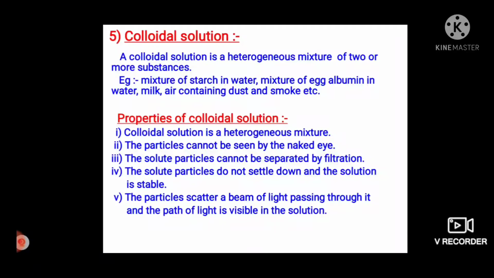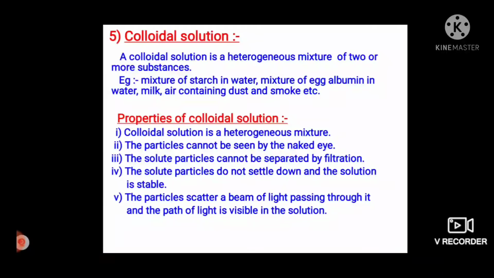We had seen that when milk is added to water, it forms a colloid. And what is a colloid? A colloid is a kind of solution in which the size of solute particles is intermediate between those in true solution and those in suspension.